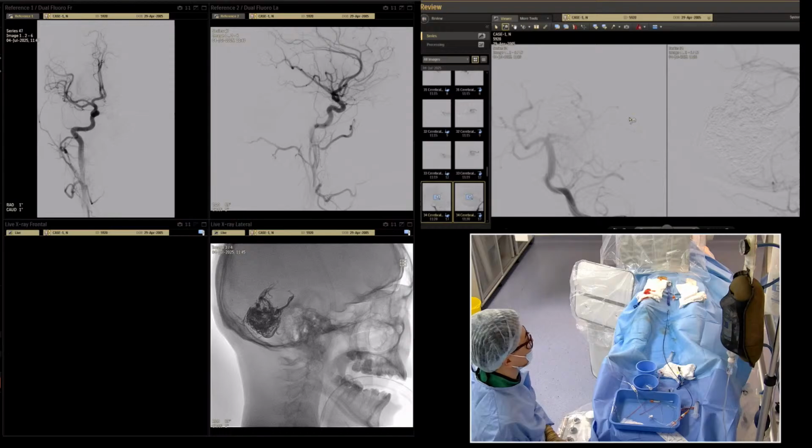Okay, let's see. And nowadays the risk of microsurgery is increased because of the infectious complications.